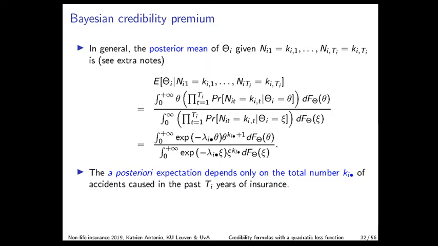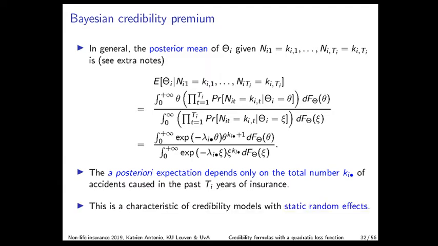The fact that the age or timing of past claims is not taken into account, but only the total number of claims matters, is a typical feature of so-called static credibility models, of which our Poisson credibility model is an example. The random effect or random risk variable theta does not change over time, hence the static feature of this particular credibility model.